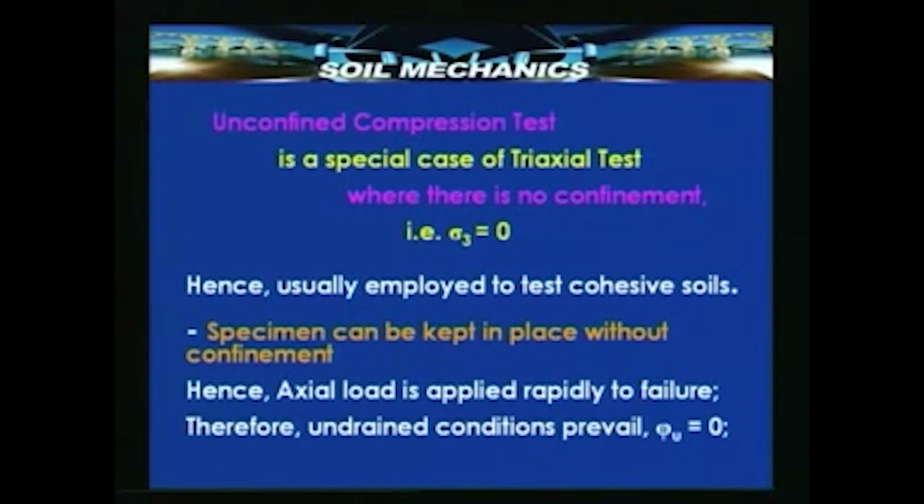Such a soil which will yield a sample which can stand in the apparatus without a confining pressure is a cohesive soil, and therefore, this test is usually employed to test only cohesive soils.